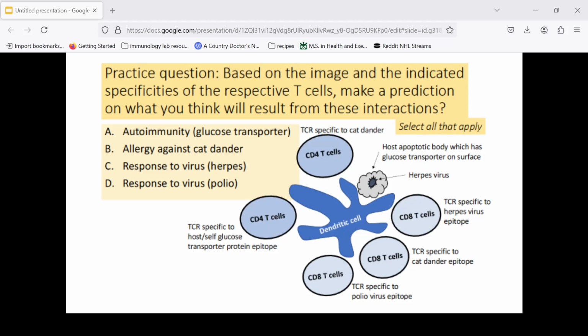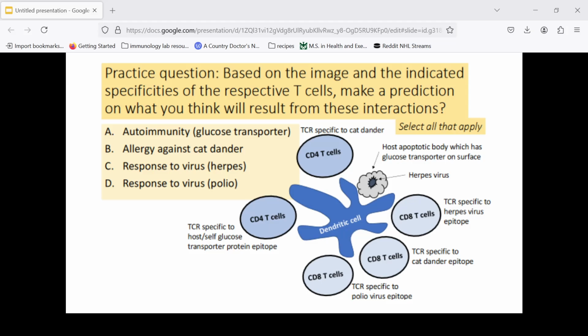With this one, we have a host apoptotic body with a herpes virus in it. Do we have self-epitopes that are going to be phagocytosed? Yes, because we've got that host apoptotic body. Do we have PAMPs?